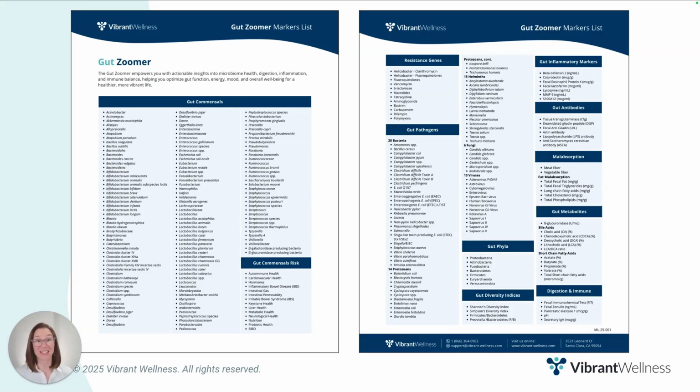It also looks at 76 pathogens, including 28 bacteria, 14 protozoans, 15 helminths, 6 fungi, and 13 viruses, as well as gut inflammatory markers like calprotectin, but also beta-defensin 2, lysozyme, and MDP9, digestion and immune balance markers like pancreatic elastase and secretory IgA, malabsorption markers like fecal fat, and gut antibodies as well, like tissue transglutaminase, deamidated gliadin peptide, ASCA, and lipopolysaccharide antibody. So pretty comprehensive and broad gut tests.